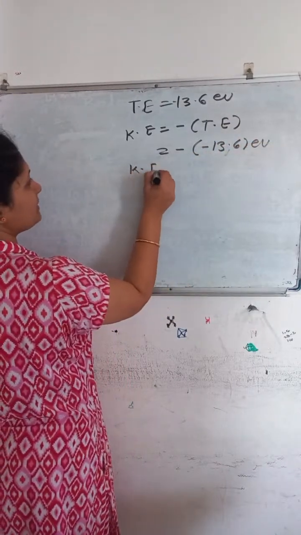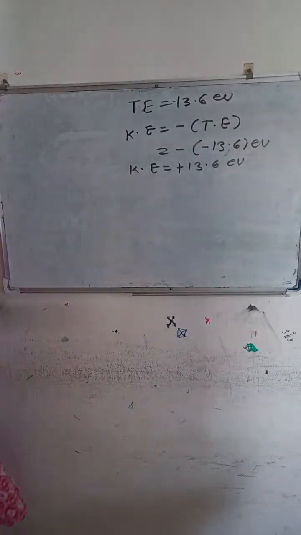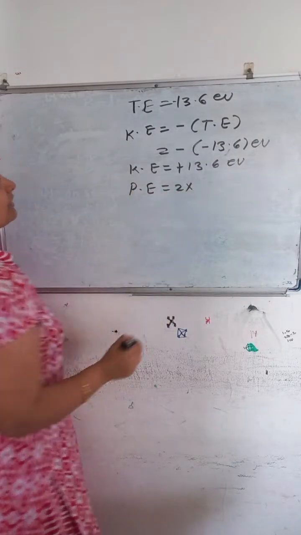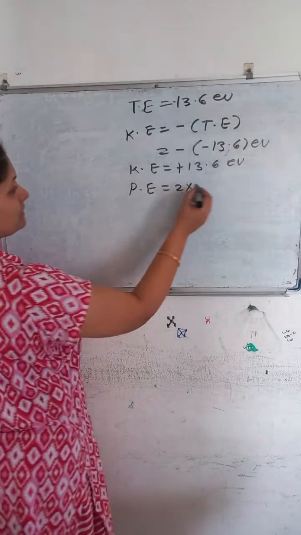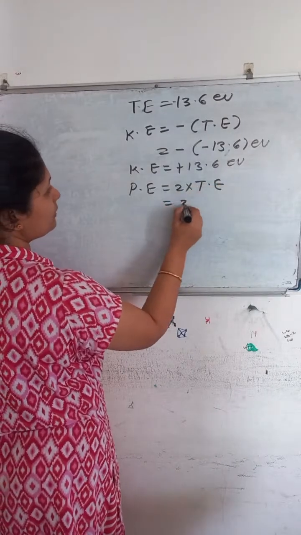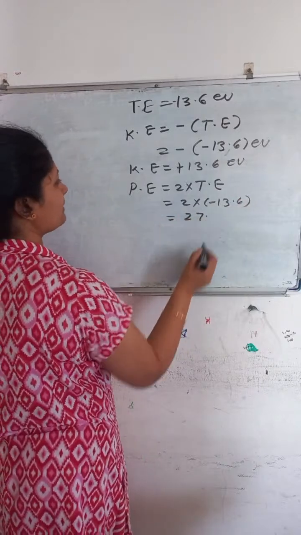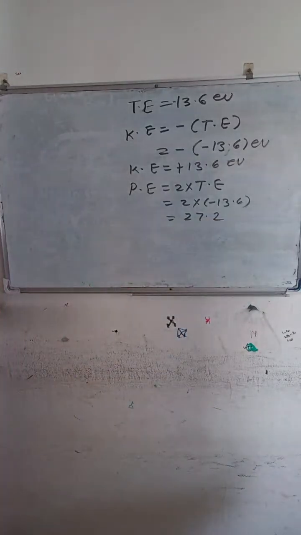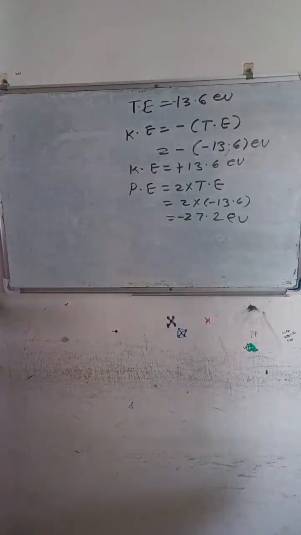Then potential energy is nothing but twice the total energy. So 2 into minus 13.6 is 27.2 electron volt. This is the answer with a minus sign. Getting this?